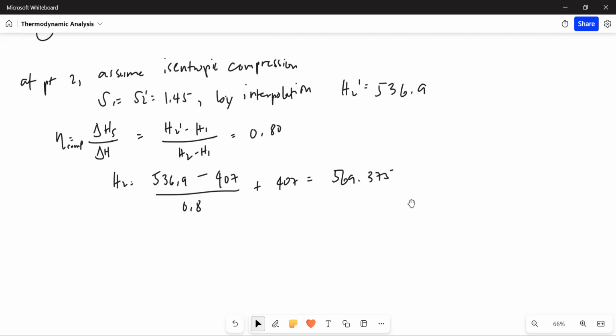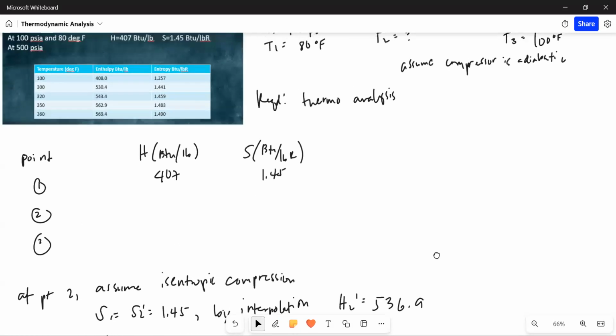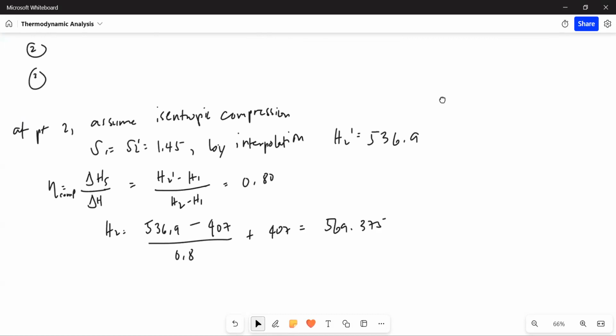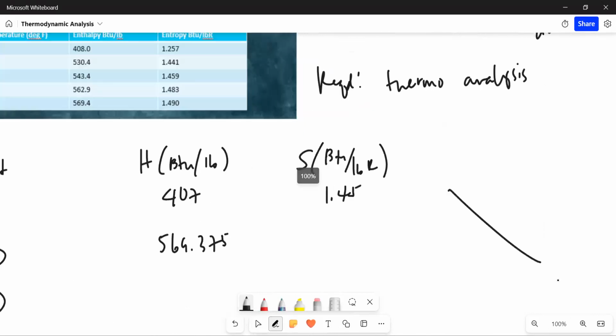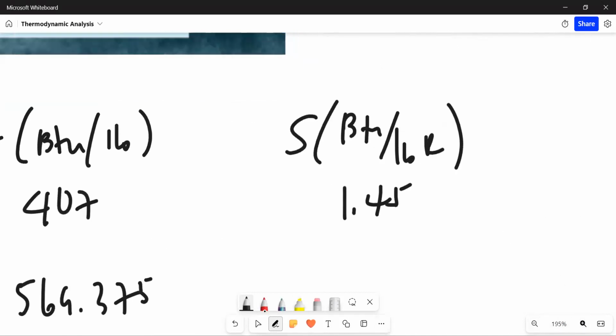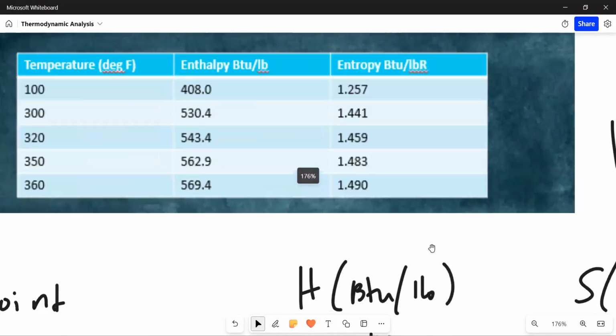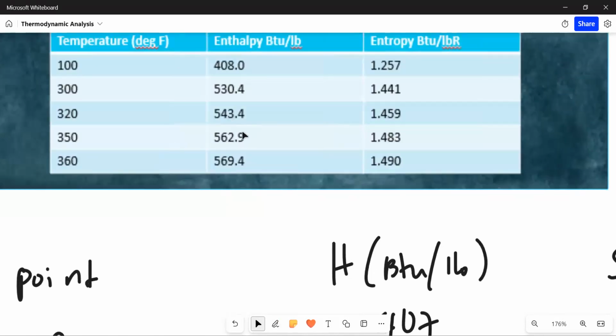So we write that on our table, 569.375. Now we can get S2 actual. How? By interpolating. By interpolation of this table using 569.375, it's between these two.